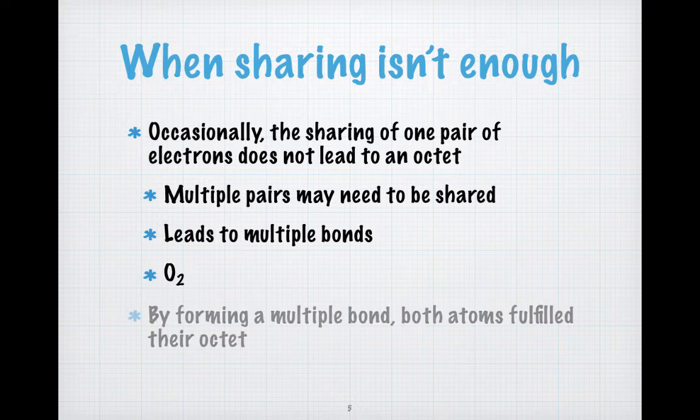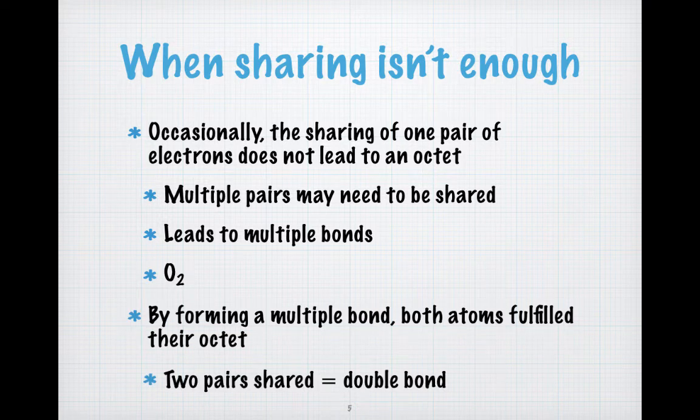When they do that, both atoms fill their octet, and since we have two pairs being shared, we have what is called a double bond. If we were sharing three pairs of electrons, such as nitrogen does, then we have a triple bond. It just depends on how many pairs of electrons are being shared between two atoms.